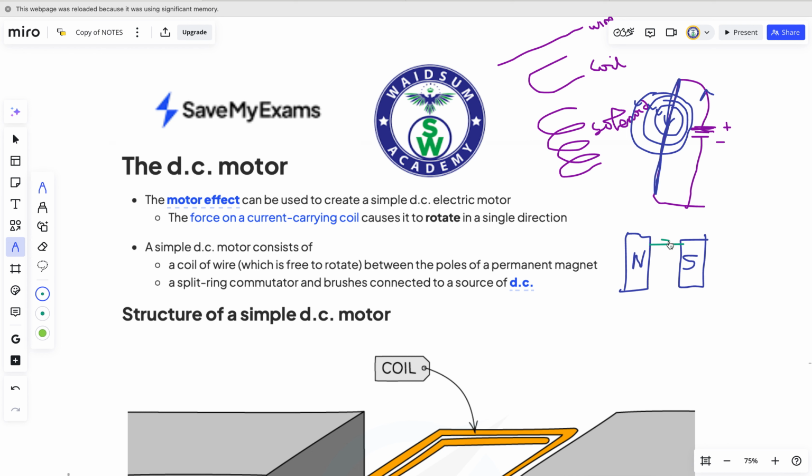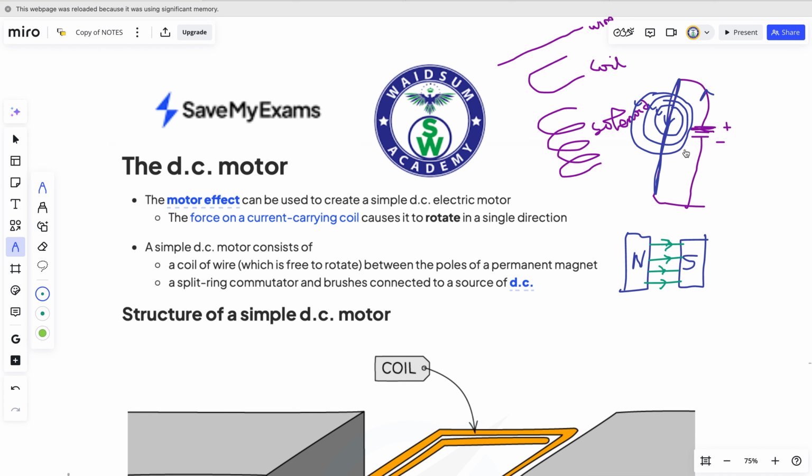Whenever we have two magnets, north and south, a magnetic field will be produced. Even though the field is imaginary, you don't see it, it's a force that is created. There's a force existing between these two magnets.